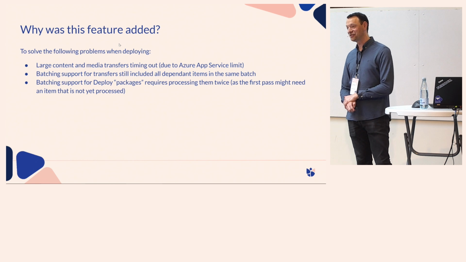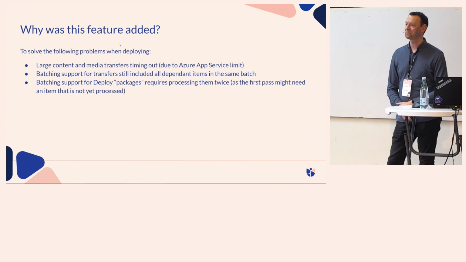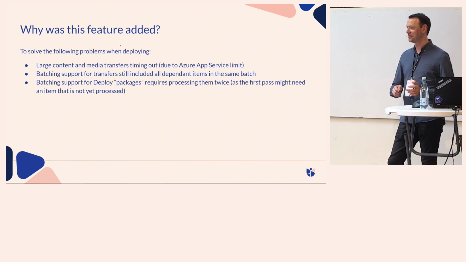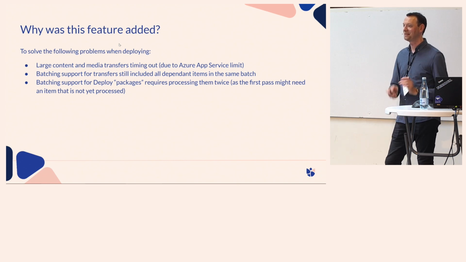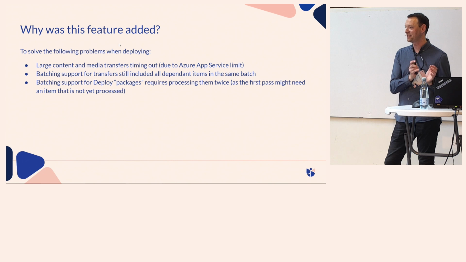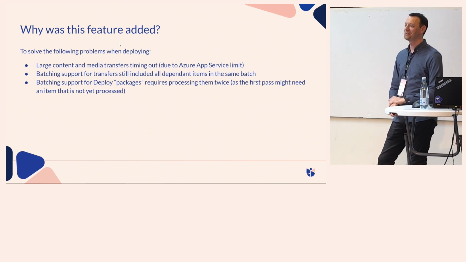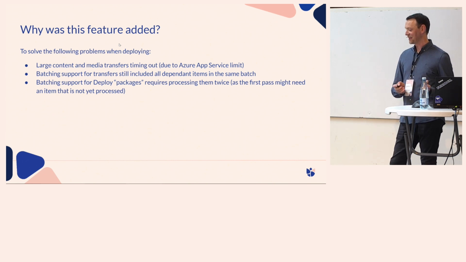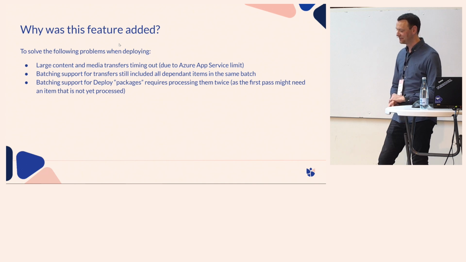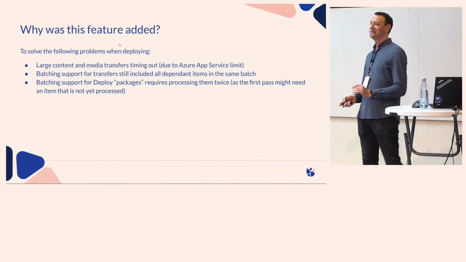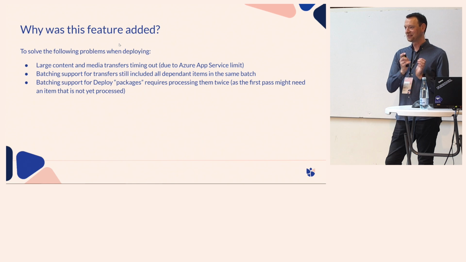So we introduced a second batching setting that's based on the Deploy packages. Deploy figures out what it needs to deploy between those environments and then creates a package and sends it over for processing. By using the package setting, it will then cut that package into multiple chunks.